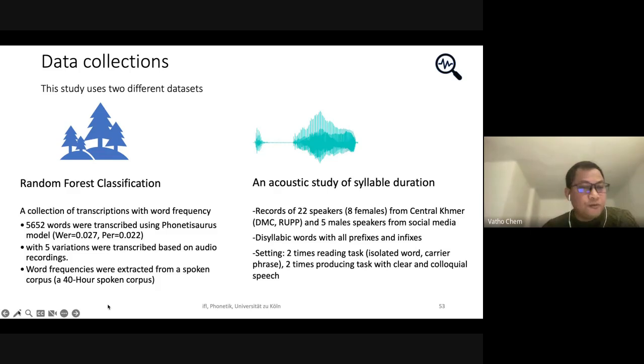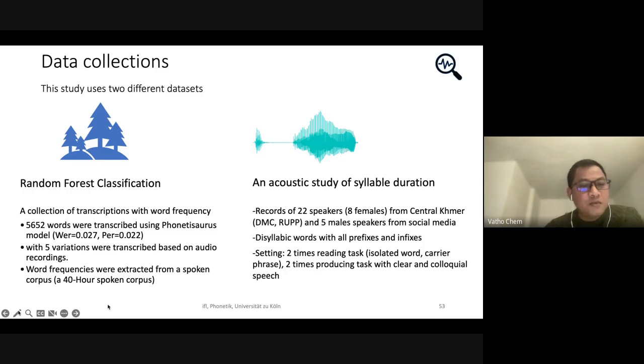And we have 5 variations of the age of the word, and this is verified by the audio recording. It is very complicated, but I'm going to explain it in the next slide.